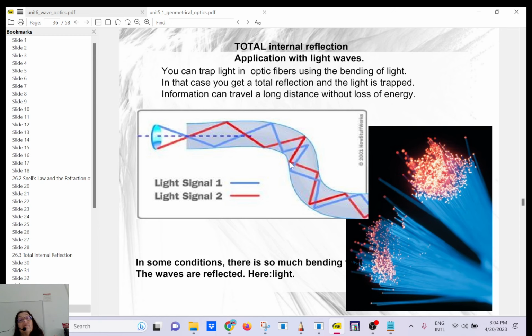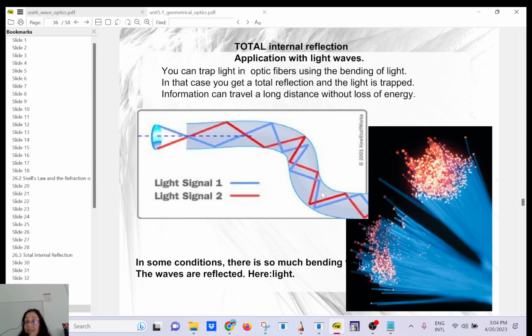So radio waves have a lower frequency, so you cannot send as many bits. That's why they are using optic fibers. Fibers are more expensive, but you send more data, so it's going to go faster.